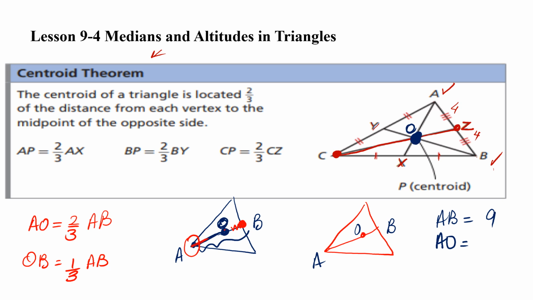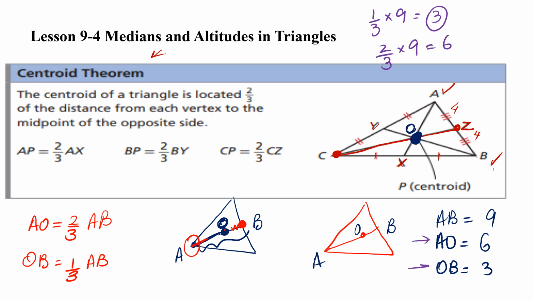Two parts out of 9 parts means it is equal to 6. What about OB? OB is 1/3 of 9, which means 3 parts. Mathematically, 1/3 times 9 gives you 3, and 2/3 of 9 gives you 6. So we can see that AO is 6 and OB is 3.